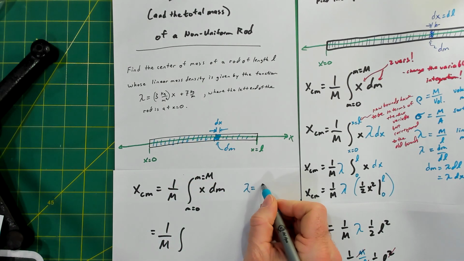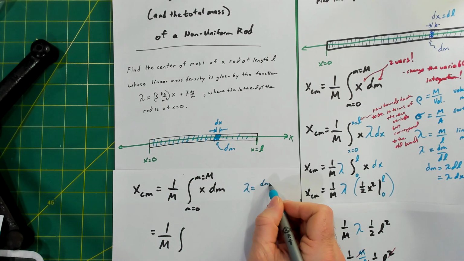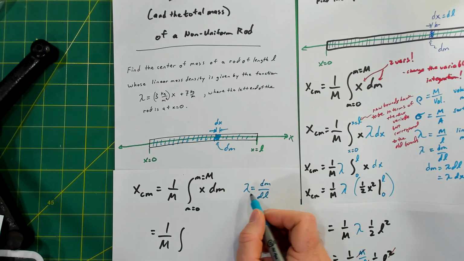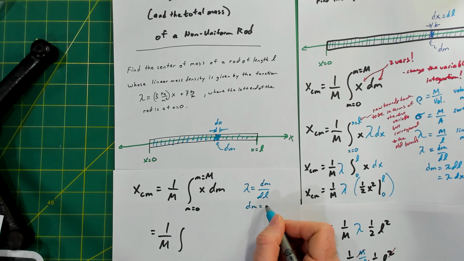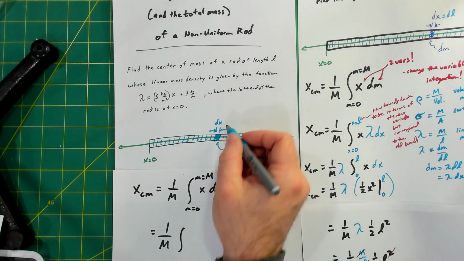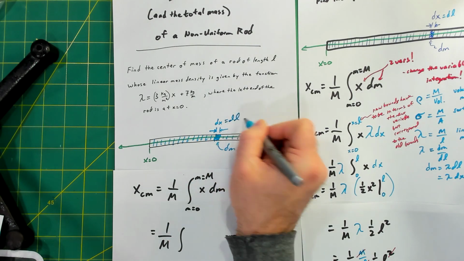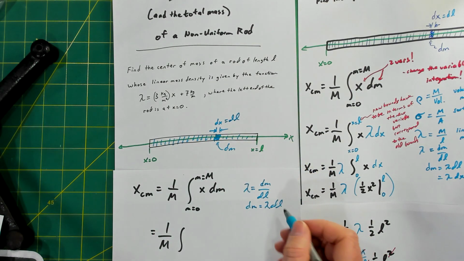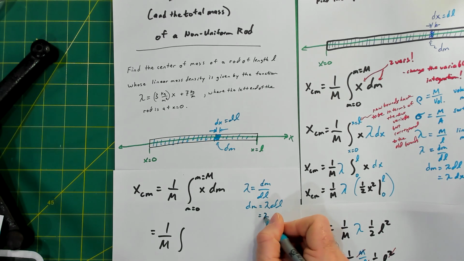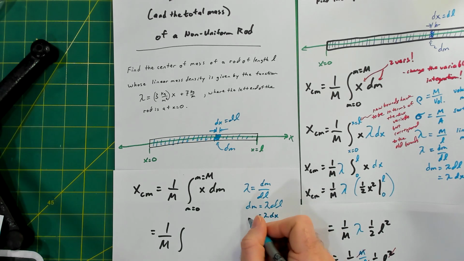So my lambda is the mass per length ratio, but it's not going to be a constant value. Rearranging, dm will still be lambda dl. And a dl is the same thing as a dx in this case, because the length is along the x-axis. So I'm still going to do that lambda dx substitution for dm.